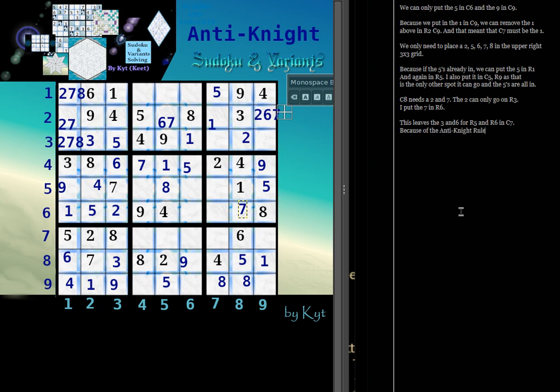Because of the anti-knight rule, we know a 6 cannot go in row 5 in column 7.